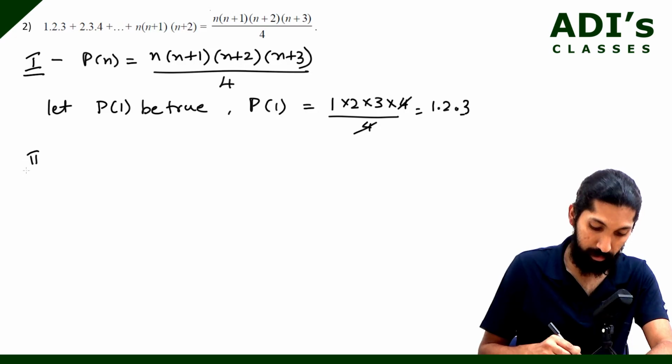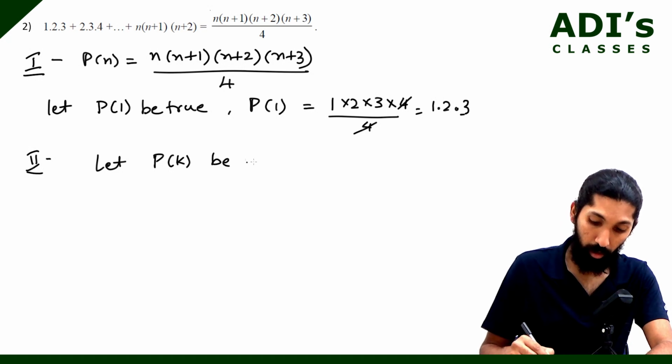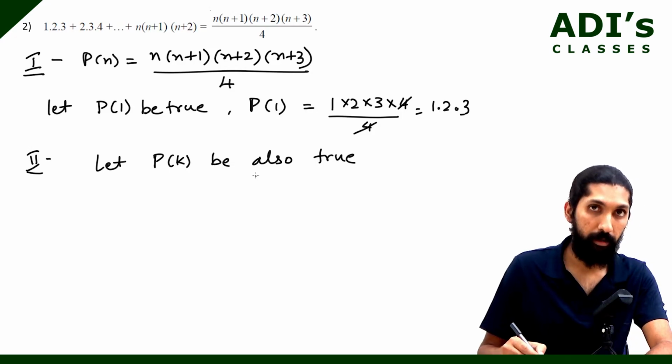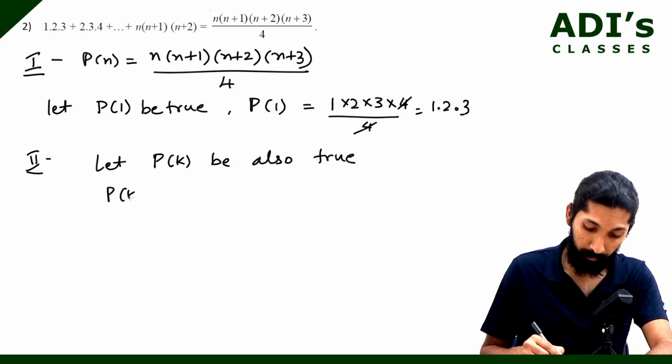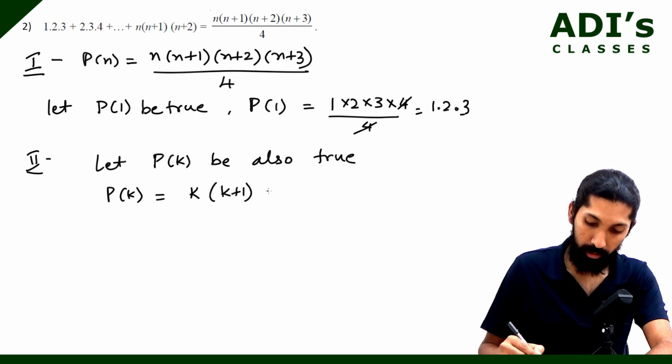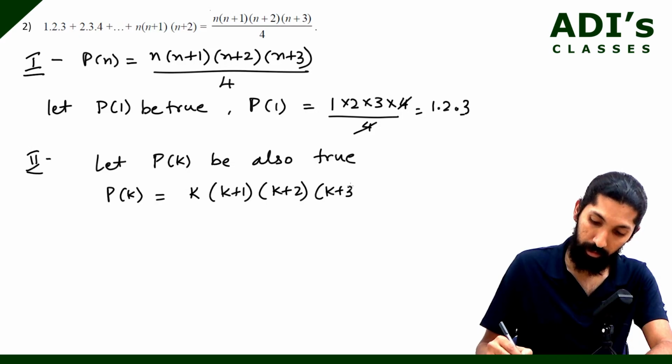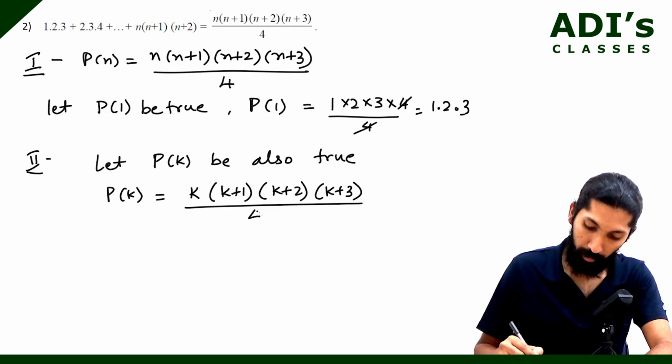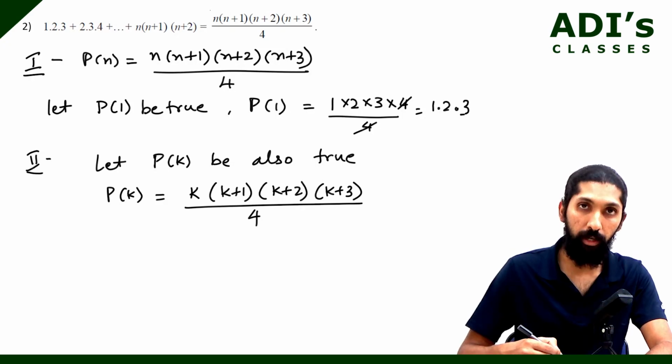The second step: let P of k also be true, right? And P of k is given by k into k plus 1 into k plus 2 into k plus 3, whole divided by 4. This is P of k.